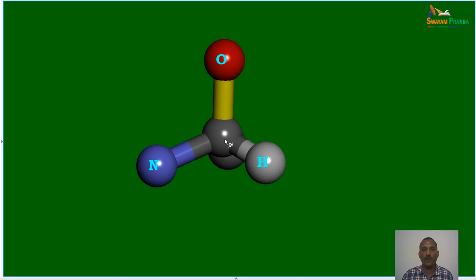So in other words, if we have to represent this one, oxygen and the carbon in the plane we can write. This hydrogen and this nitrogen will be projecting towards the observer, and the carbon is behind the plane. So two wedge bonds, one broken bond and one straight bond. So this is also another way of representing the molecules.